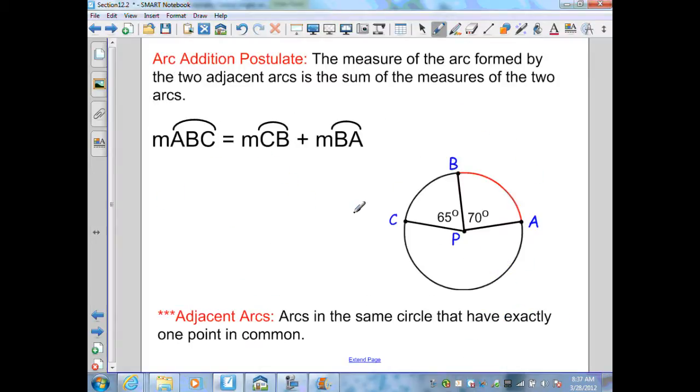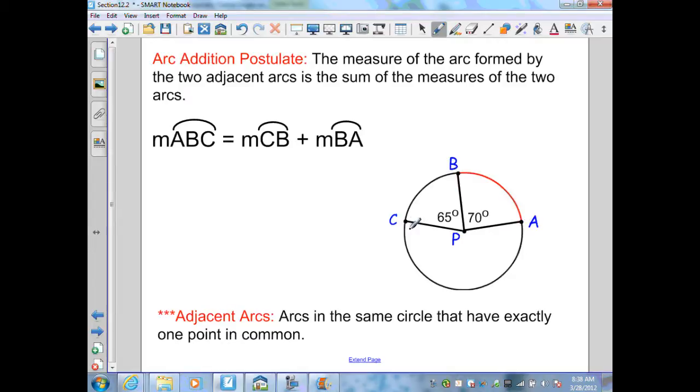Early in the book, we discussed segments, and we know that we have a segment addition postulate. Similar to that, we have an arc addition postulate. The measure of the arc formed by 2 adjacent arcs is the sum of the measures of the 2 arcs. For example, in the diagram, I have 2 central angles, CPB and BPA.